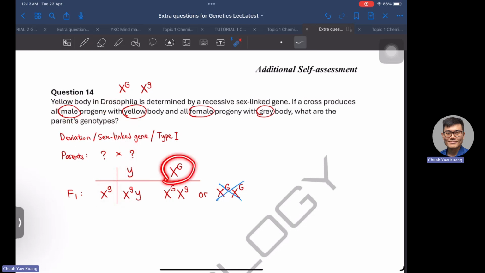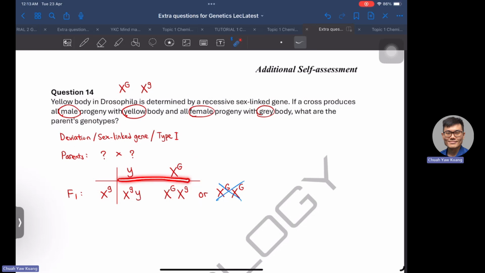Then X G dominant and X G recessive will give rise to the heterozygous, female gray body. So it is confirmed that this is the gamete of one parent and this is the gamete of the second parent. Once you know the gametes, we can find the genotype of the parents.